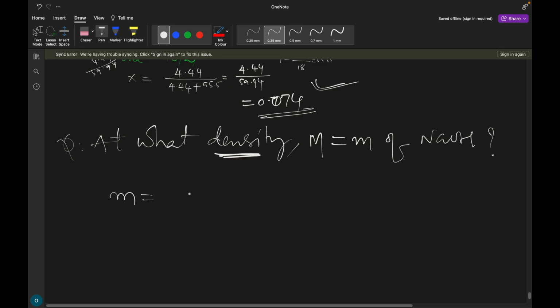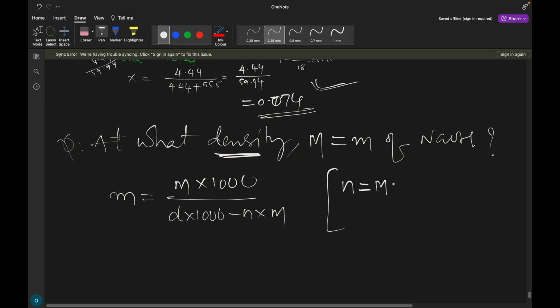Molality equals M into 1000 by density into 1000 minus n into M. A formula. So for ease of calculation, I want my n equal to M. Let's take both as 1 for ease of calculation. Then I will solve for density.